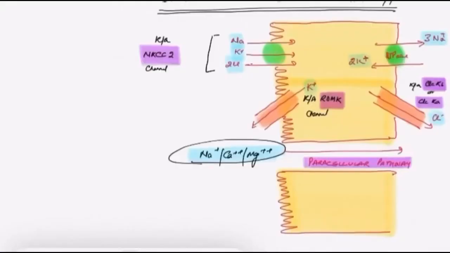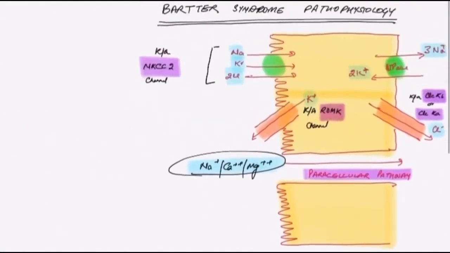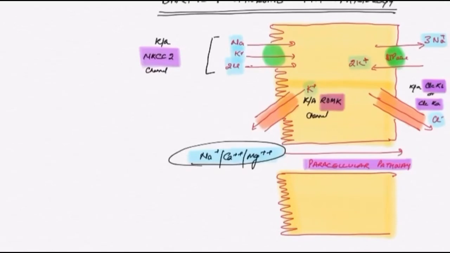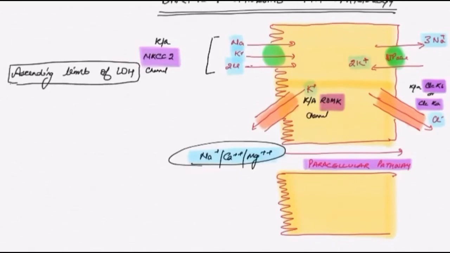Physiology of Bartter syndrome. This is a diagram with the cross-sectional view of the ascending limb of the loop of Henle, and what I have drawn here is the normal physiology of the cells of the kidney in the ascending limb.